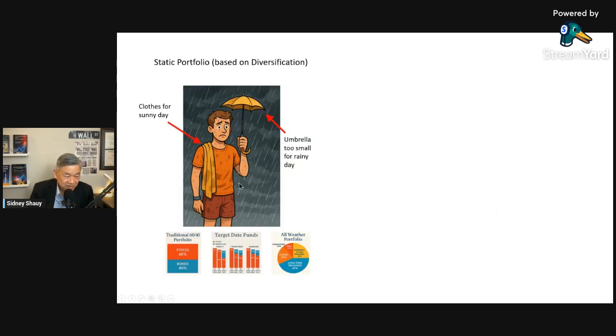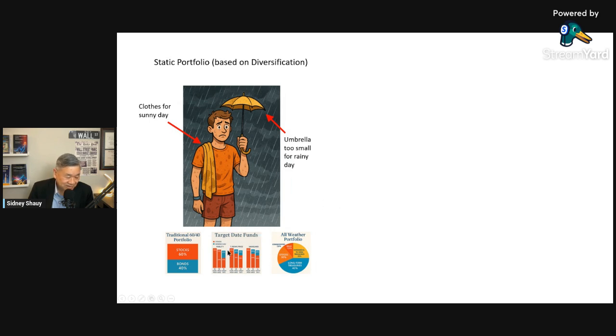Okay, so just an analogy. A static portfolio based on diversification is like you're trying to face all different types of weather with a combination of clothes. You're using clothes for a sunny day, but at the same time you have an umbrella, but this umbrella is very small, and you're trying to face the weather this way.